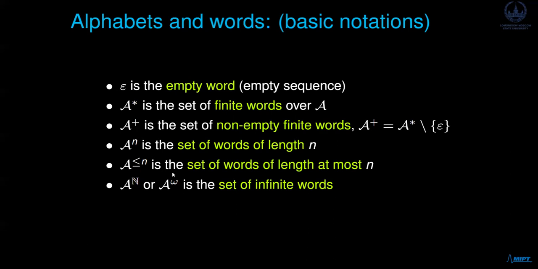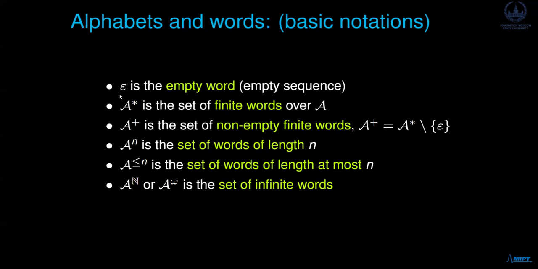Okay, let's now introduce some basic notations that we will use frequently throughout this course. First, epsilon denotes the empty word, which is simply an empty sequence with no symbols.